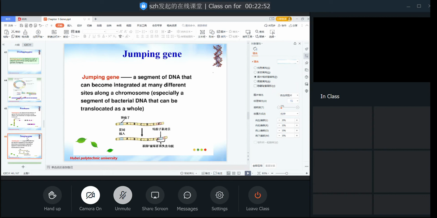What it means is that in the genes, some sequence can be moved from here to there in the DNA molecule, in the chromosome. A segment of DNA can become integrated at many different sites along the chromosome, especially a segment of bacterial DNA that can be translocated.